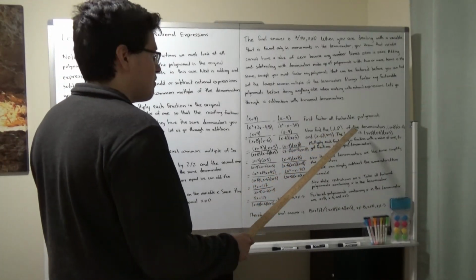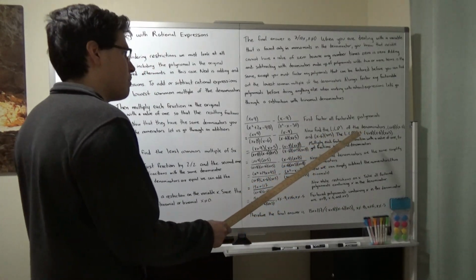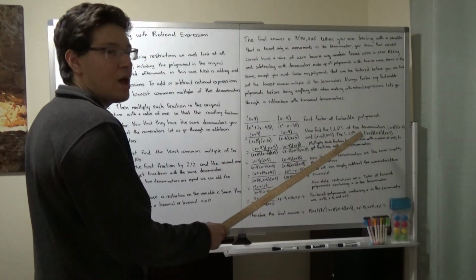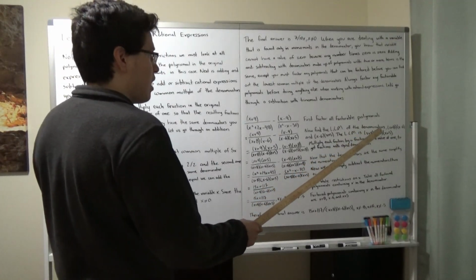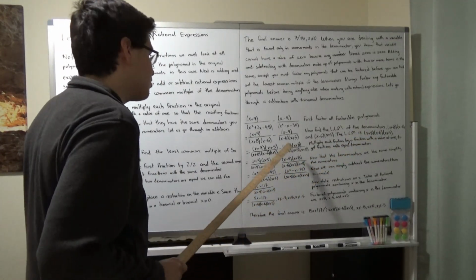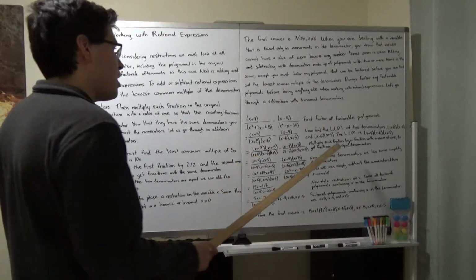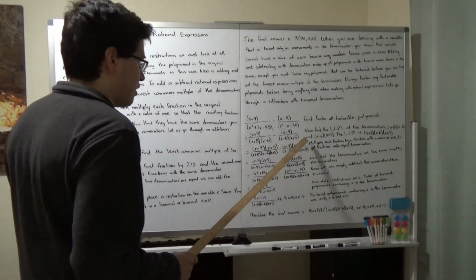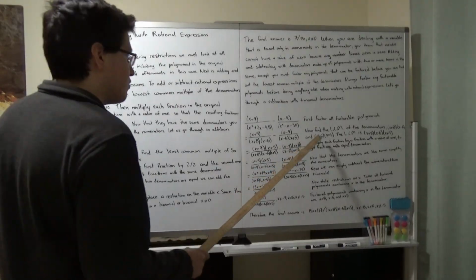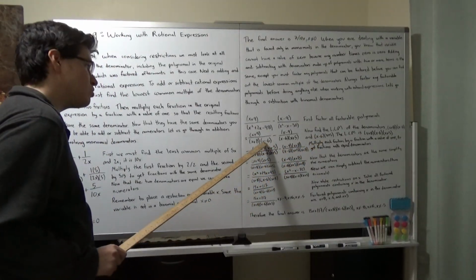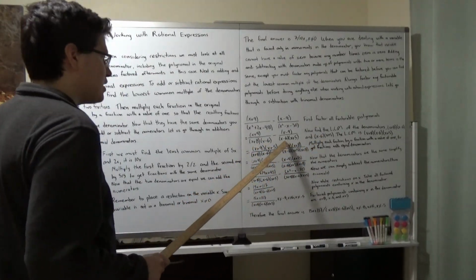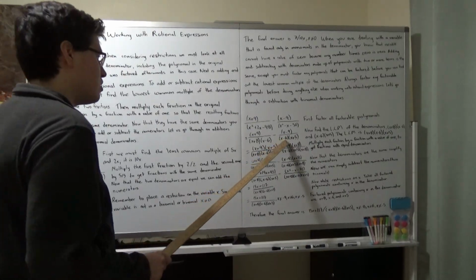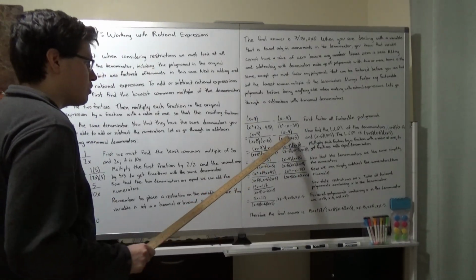Now find the LCM of the denominators. x plus 8, x minus 6 is one denominator, and x minus 6, x plus 5 is the other denominator. To find the LCM, simply multiply the two denominators together and cancel out the common polynomials.